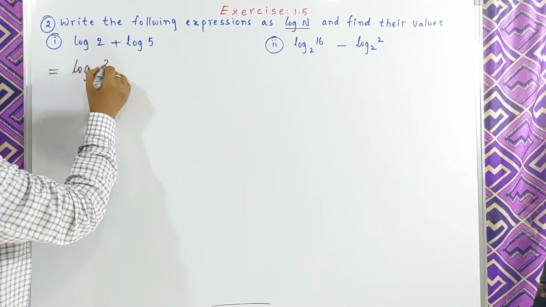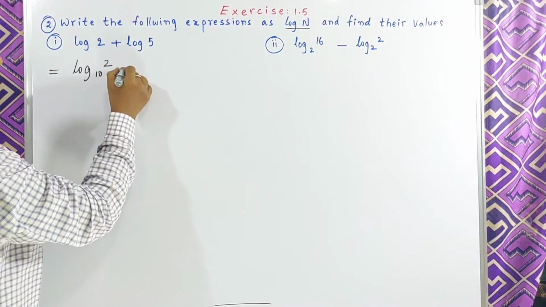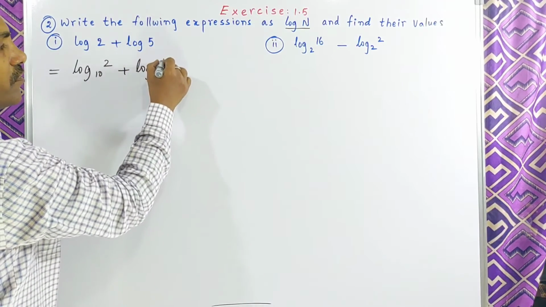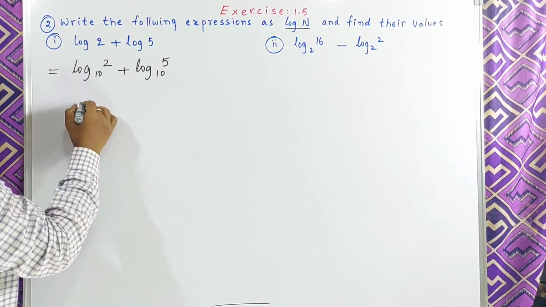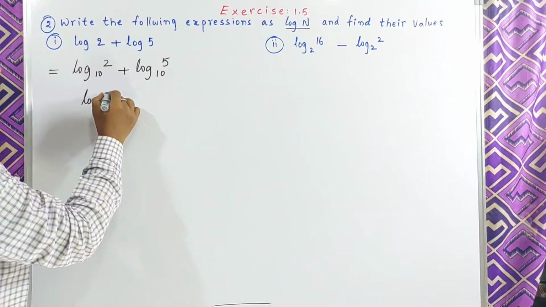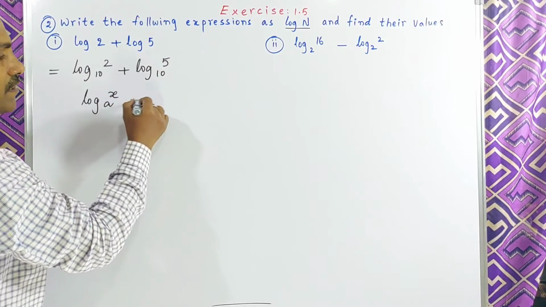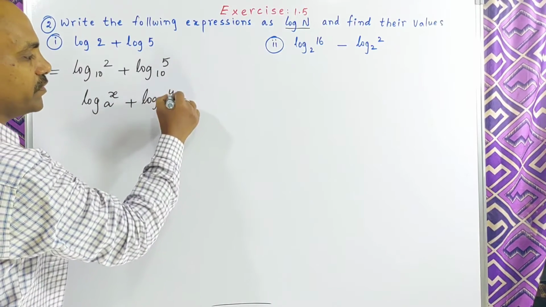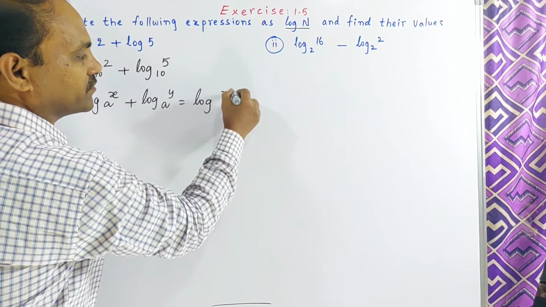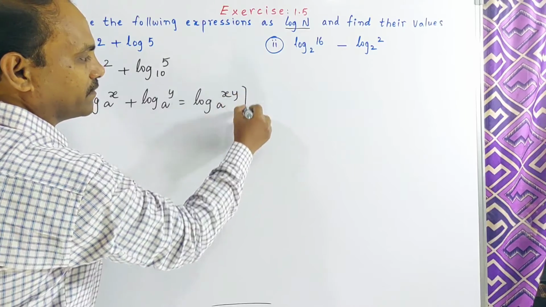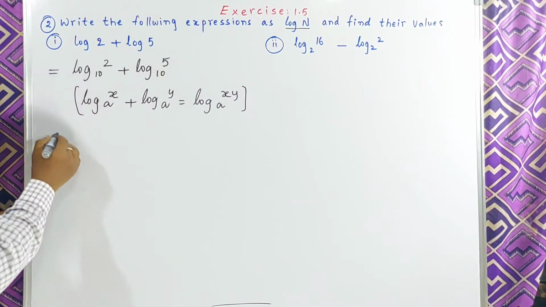Log 2 to the base 10 plus log 5 to the base 10. In the middle plus is there, so it is in the form of log x to the base a plus log y to the base a is equal to log xy to the base a. This is the formula.